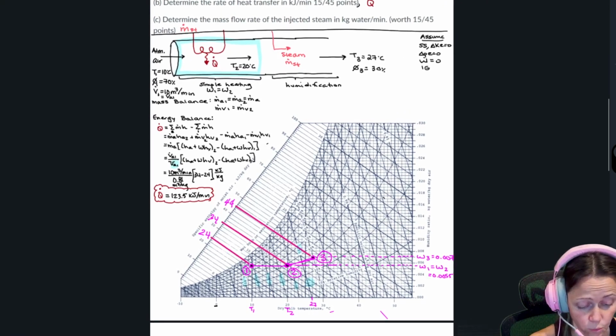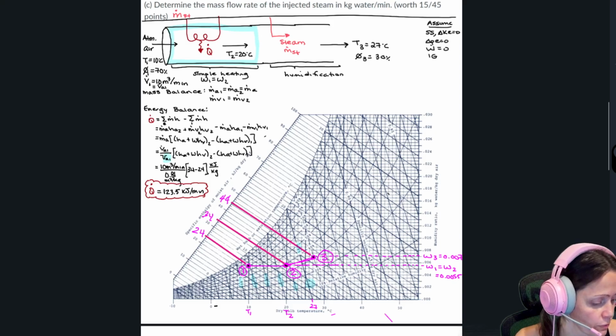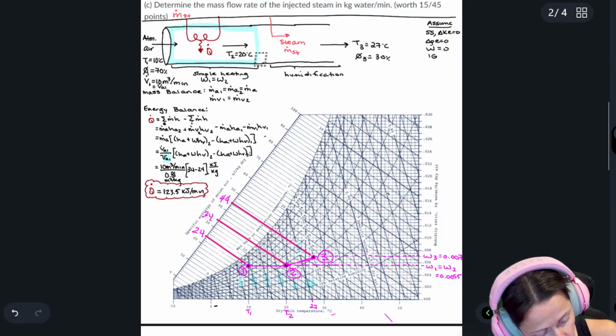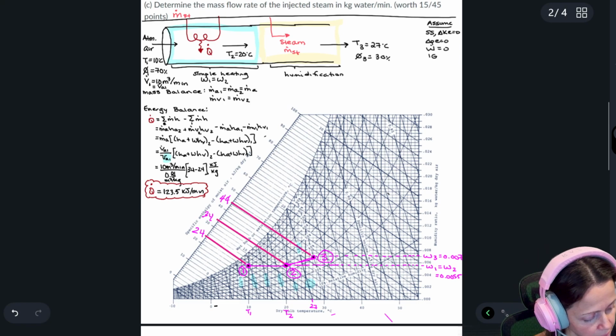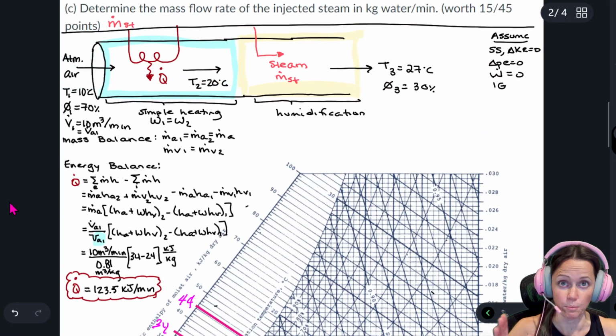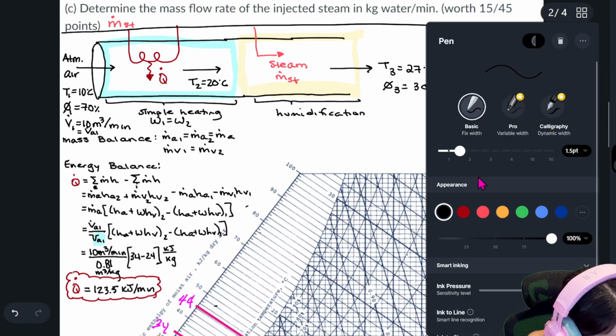And now we just have one more thing. We need the mass flow rate of that injected steam. For this, I think really the only thing I need to do is a mass balance on the second part, on the humidification portion. So let's do that.